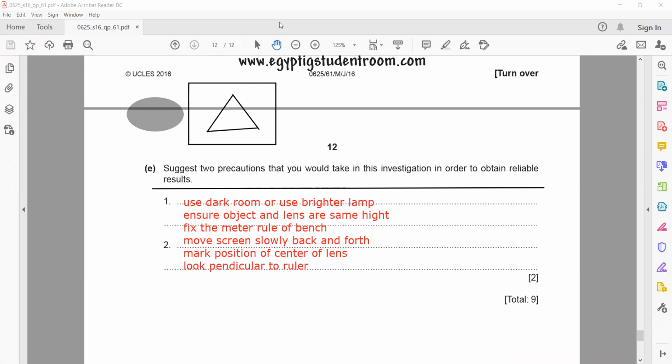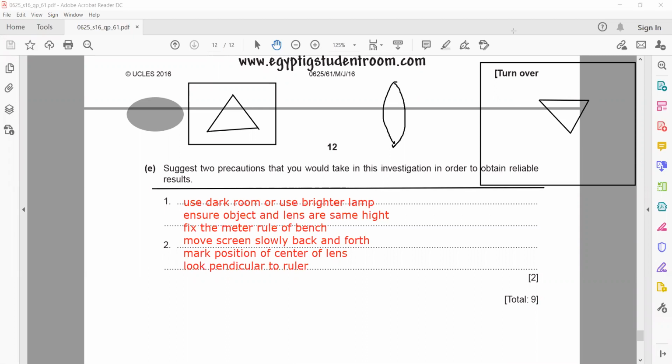Then it passes through a convex lens, which always forms an inverted image. So on the screen we will get an inverted triangle, because real images formed by a convex lens are inverted. If the object distance is more and the image distance is less, it will be a small triangle. But if the object distance is small and the image distance is more, it will be a large triangle compared to the object.